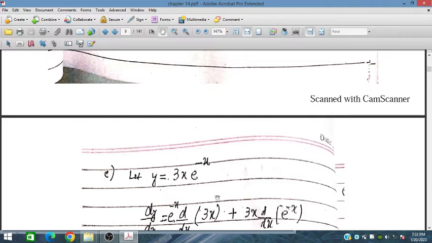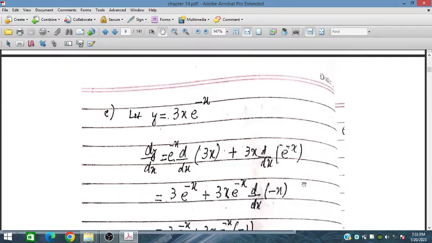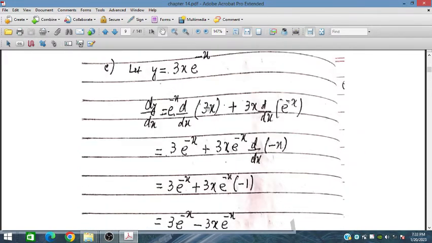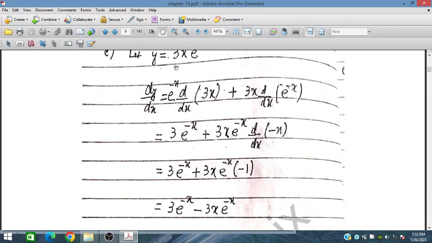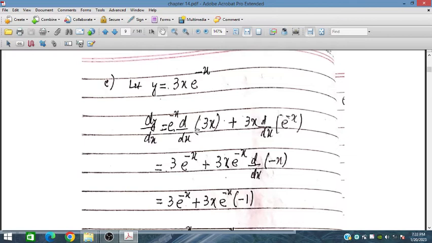So let y be equal to this one. This is 3x, this is v, and this is u dash plus u v dash. Here 3x is u, and e power minus x is v. So by solving this together, it is v u dash plus u v dash.